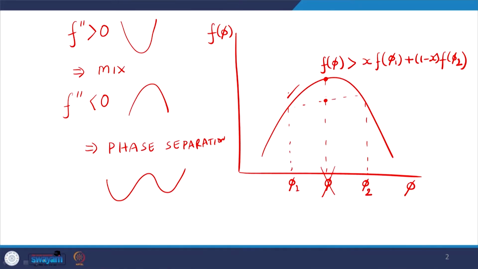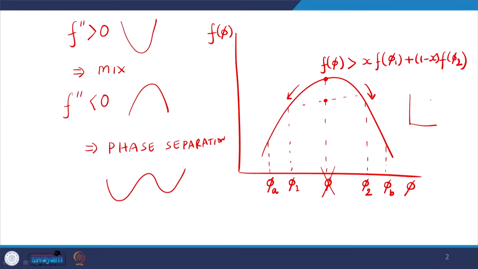So if you look at it, as we are going on the two sides of this, the free energy density is decreasing, right? So let's say for example, if the new phases have the volume fractions phi A and phi B, one of them is slightly less than phi 1 and the other one is slightly more than phi 2.